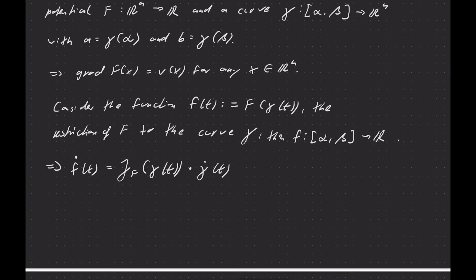All right, and you'll notice that Jacobian, you do know that Jacobian is the same thing as the gradient transposed. So what we have here, in fact, is the gradient of F evaluated at gamma of t, transposed, times gamma dot of t.